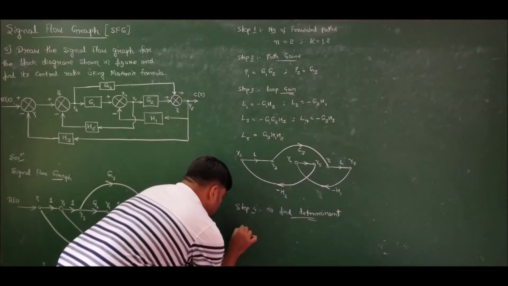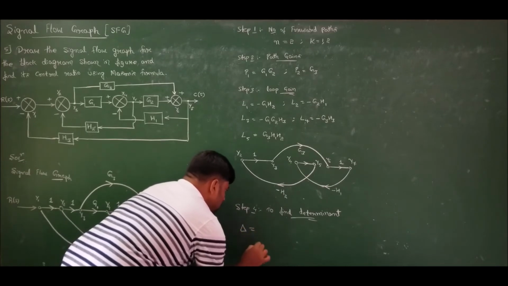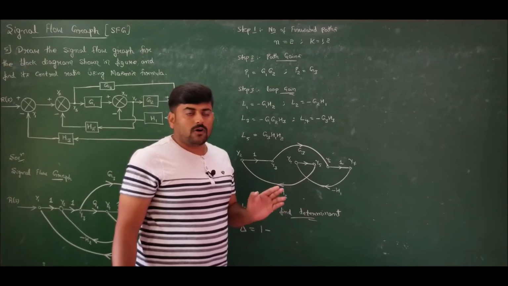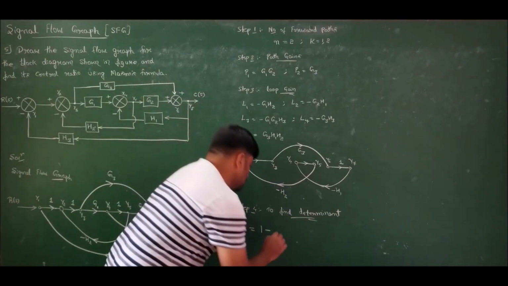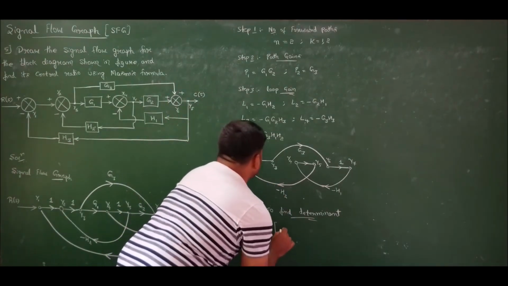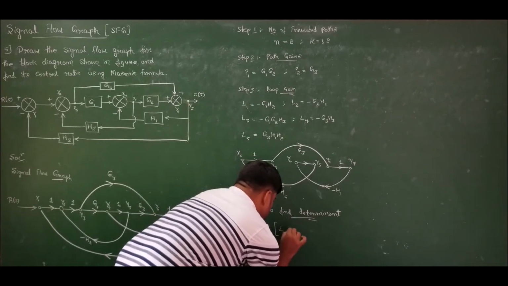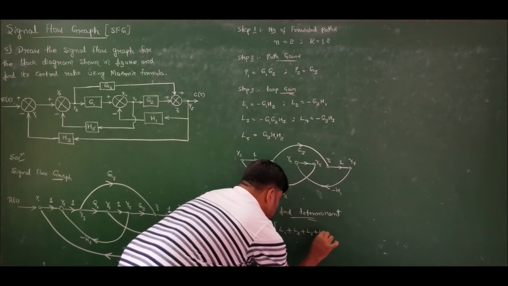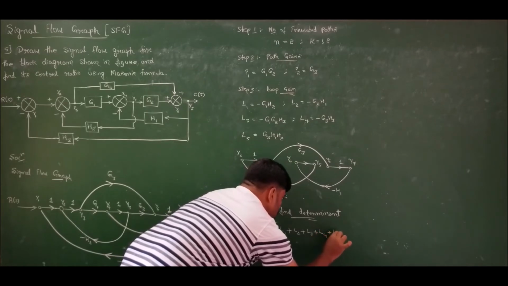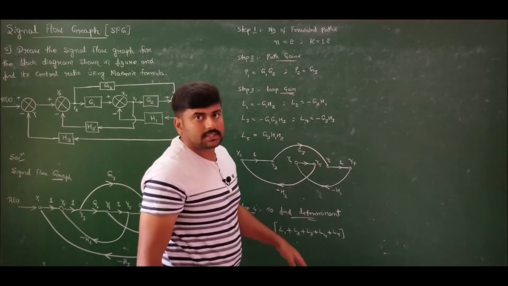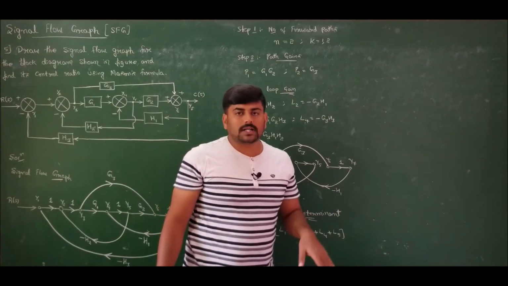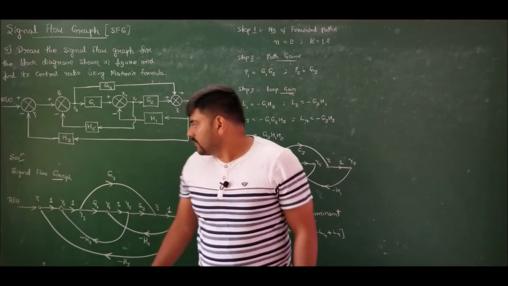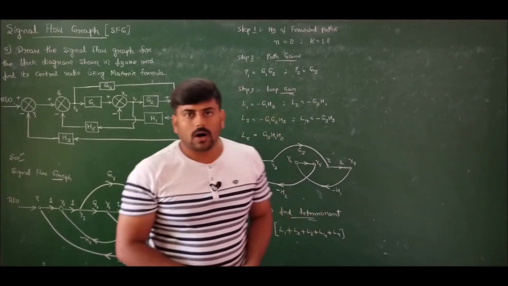We know that delta is equal to 1 minus the sum of loop gains of all the loops, that is L1 plus L2 plus L3 plus L4 plus L5, plus the sum of gain products of all the combinations of two non-touching loops. So if you observe, all the loops are touching each other.